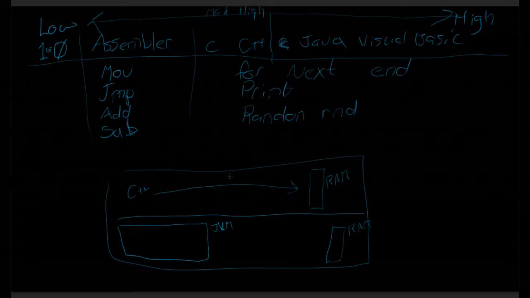With C++, I could give an actual memory address location and access that memory. However, the JVM doesn't give me that same access. What I do in Java is I access the JVM, which in turn accesses the memory.